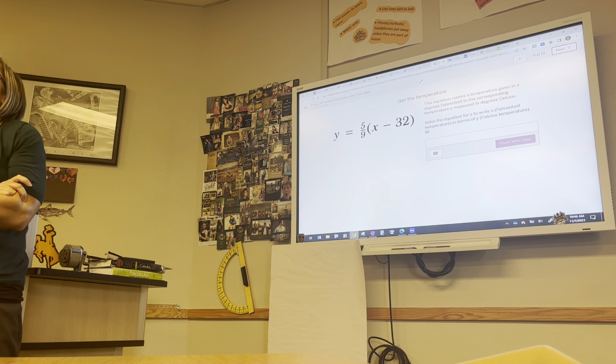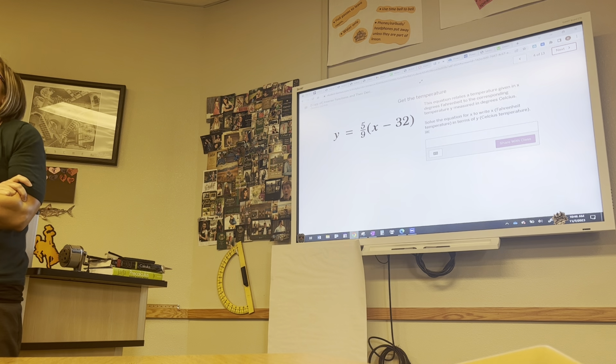So f of y, we just wrote that, 9/5 y plus 32. When we take the derivative of that, we just get 9/5. Okay, and then the question is the connection.